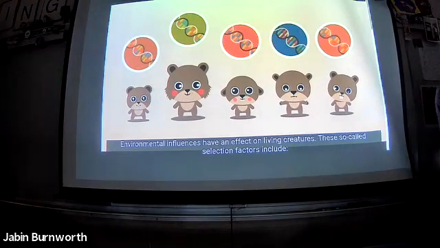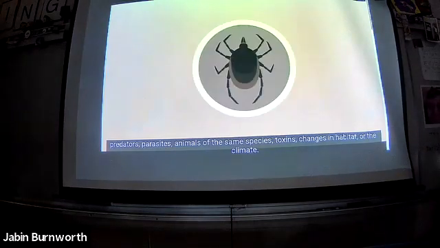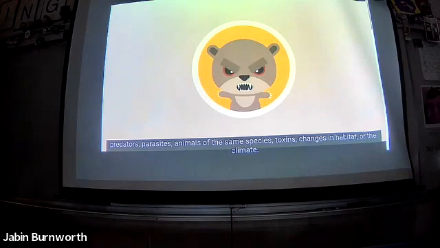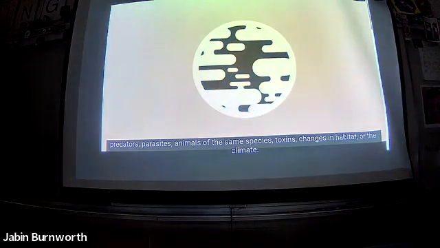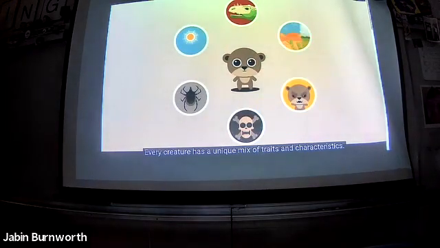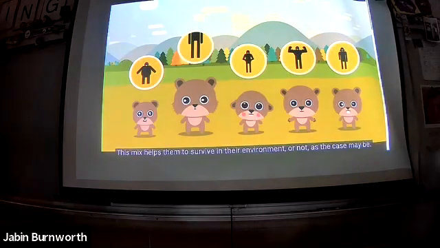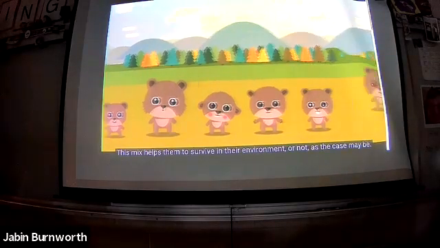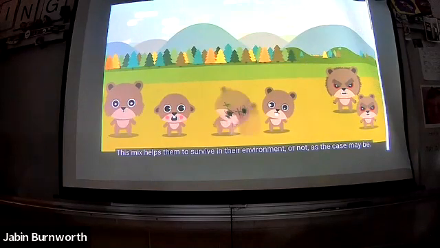These so-called selection factors include predators, parasites, animals of the same species, toxins, changes in habitat, or the climate. Selection is a process that each individual is subjected to. Every creature has a unique mix of traits and characteristics. This mix helps them to survive in their environment, or not, as the case may be.